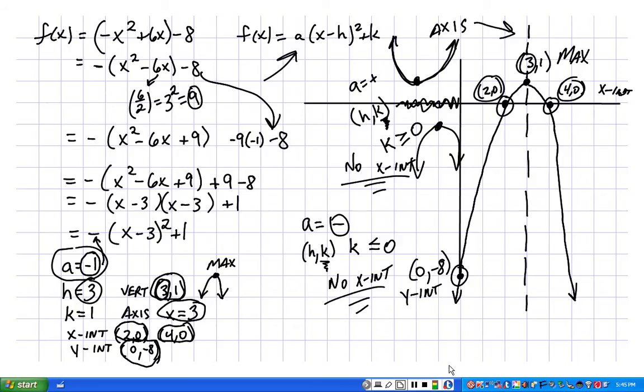Alright, last example. Let's say we're given a vertex of (1, 2).